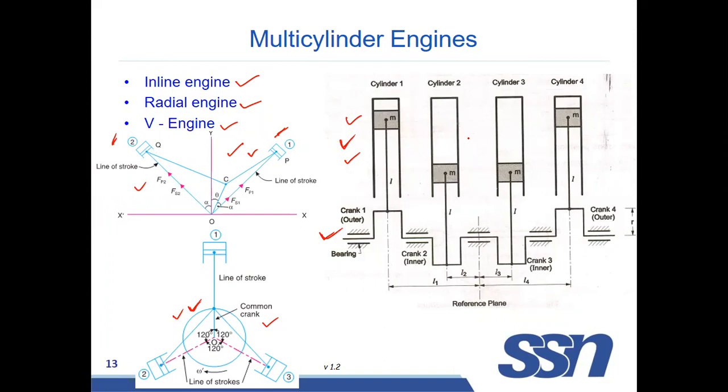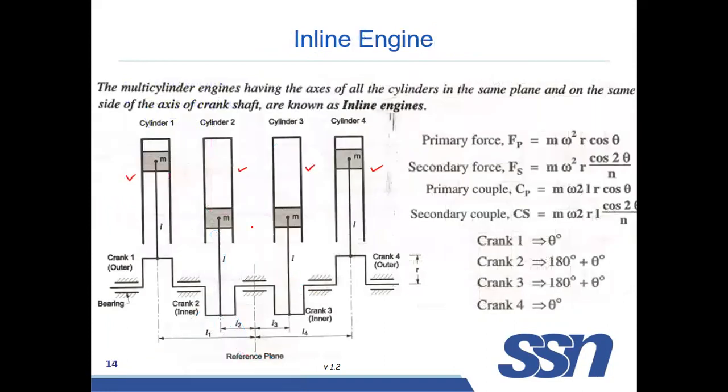Now we are going to discuss the inline engine. So this is a 4-cylinder inline engine: cylinder 1, cylinder 2, cylinder 3, and cylinder 4. Now we need to balance.